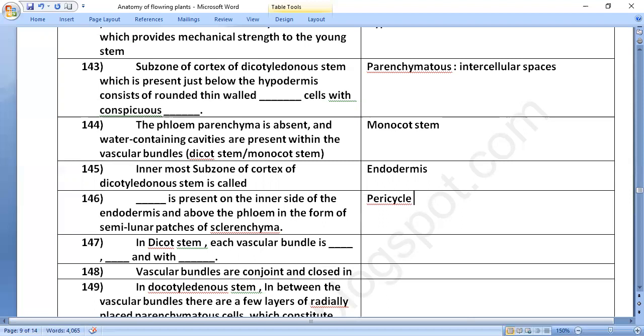In dicot stem, each vascular bundle is conjoined, open, and with endarch protoxylem.